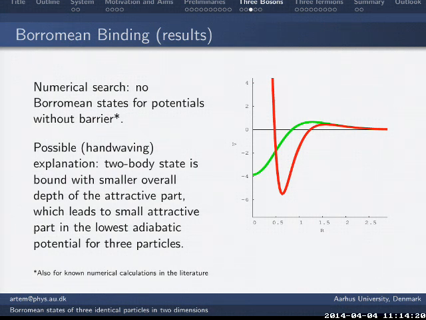Also, in the literature, for different types of potentials, like van der Waals potentials or other potentials without a barrier, kind of atomic-type potentials, nobody could find Borromean states. The hand-waving explanation is that the two-body state is bound with smaller overall depths of the attractive part, which leads to a small attractive part in the lowest adiabatic potential for three particles. But unfortunately, at this point, we can't give any strict mathematical answers.